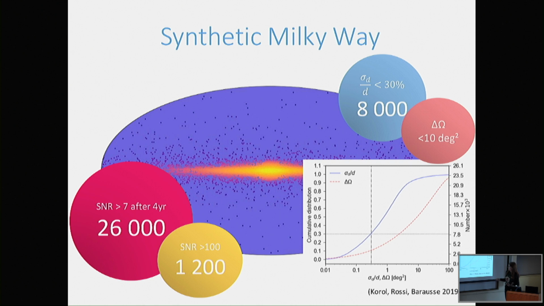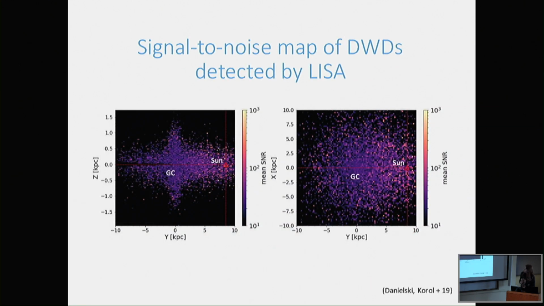The typical sky position error for LISA for these binaries is around 10 square degrees. And this is the map of the LISA signal-to-noise in my mock galaxy. This is the galactic center, and this is LISA. The color is the signal-to-noise itself.